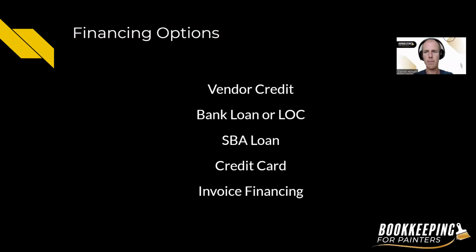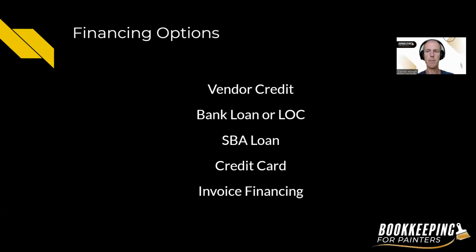Blue Vine is one of them. No affiliation, but if you just look up invoice factoring or invoice financing, you can find some of these companies. This is probably the most expensive way to get money for your business, but it is an option. It's a last resort. If you need it, it is available.